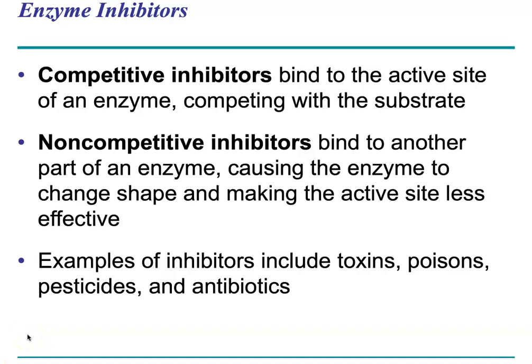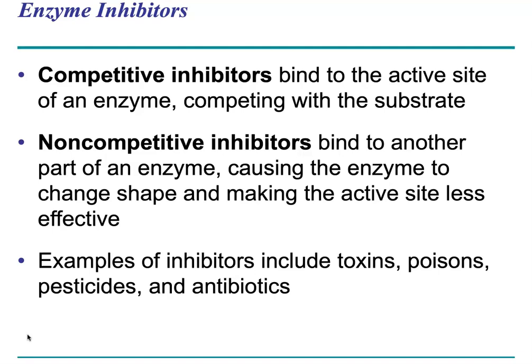So as we talked about, the substrate is very unique to an enzyme. Sometimes there can be a competitive inhibitor. Something else might lock into the enzyme's active site, rendering it useless for whatever function it was performing.